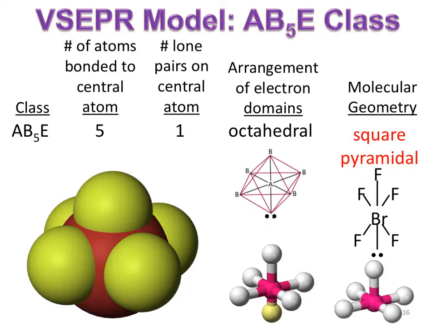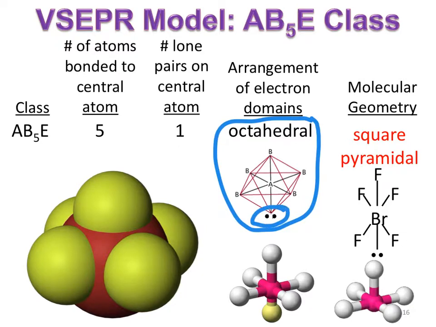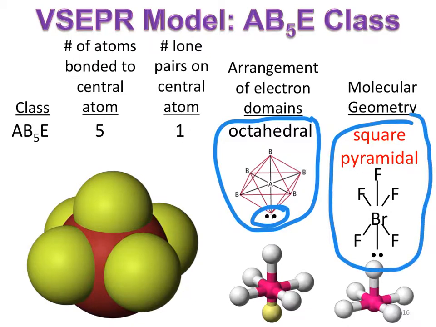From electron domains that are octahedral, where we have 6 total domains, we're going to put in 1 lone pair, and we get the AB5E system. Just for convenience's sake, we're going to put the lone pair on the bottom. As a result, we end up with a molecular geometry that we call square pyramidal.